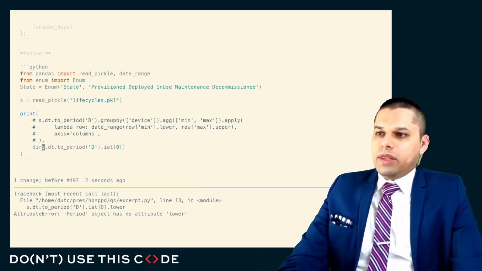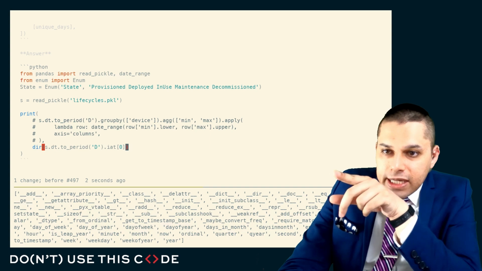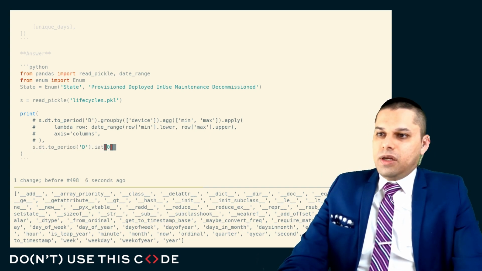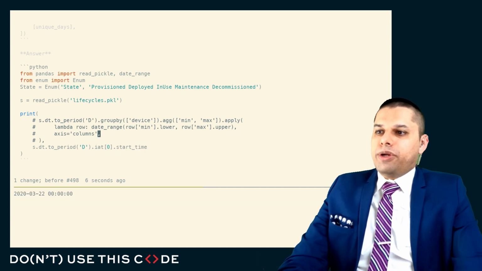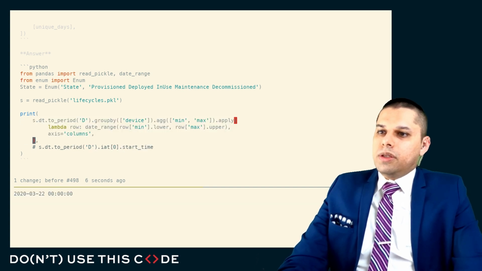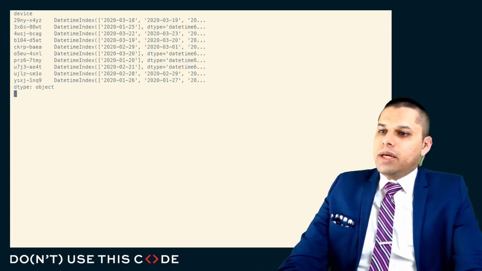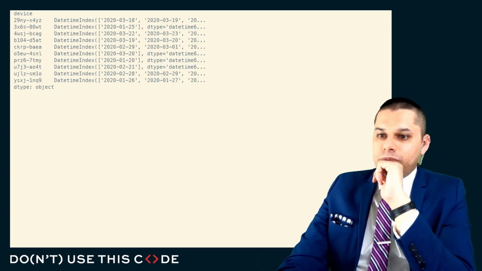Got to figure out what that API call is, and it should be, oh, start_time. Okay. So here we're going to do start_time. That gives us the lower bound. Okay, very good. So let's do this from the end time and the start time. Very good. And you can see now we have each one of those datetime indices.